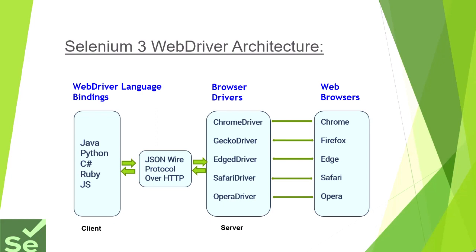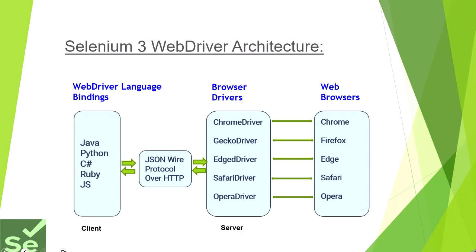So why do we use JSON here? JSON stands for JavaScript Object Notation. It is a lightweight data interchange format which transfers data between a client and a server. On the web, the JSON wire protocol acts as a mediator between the client and the server.